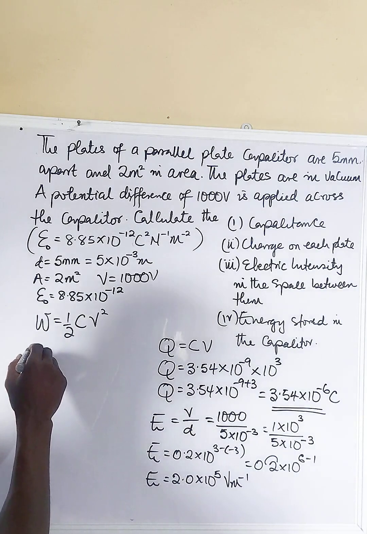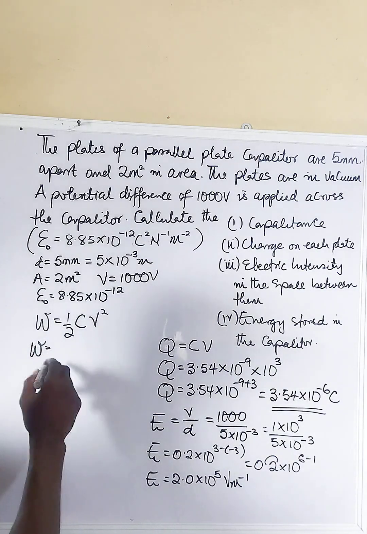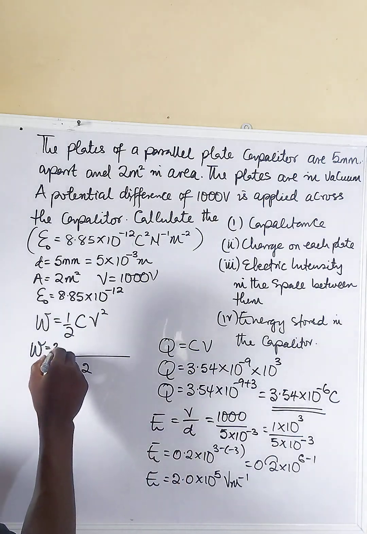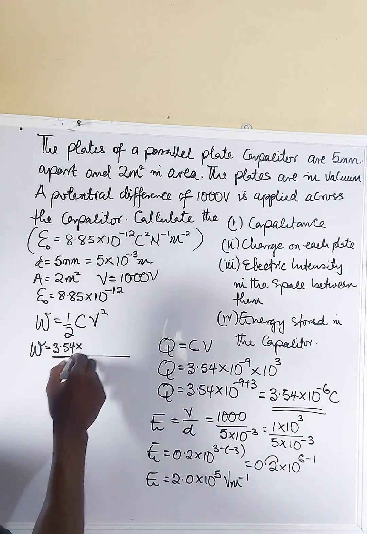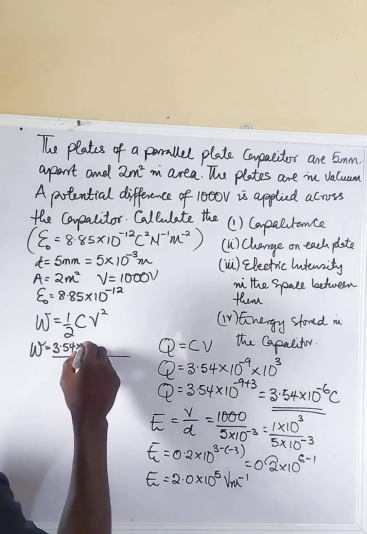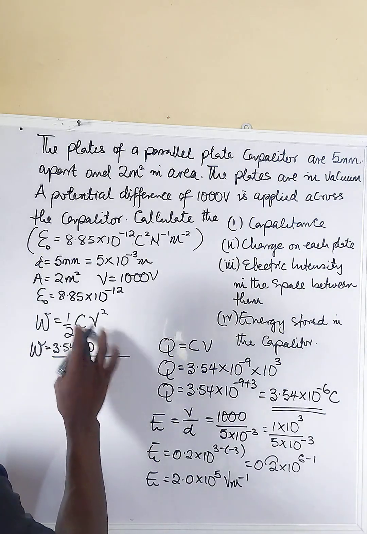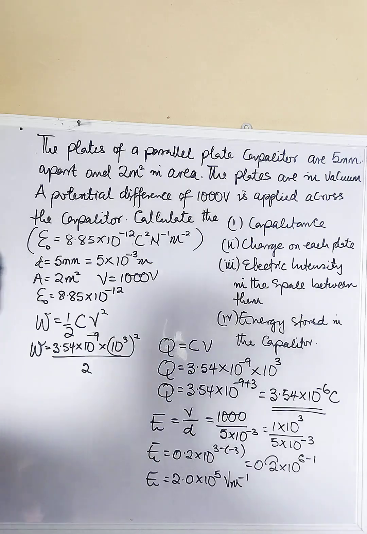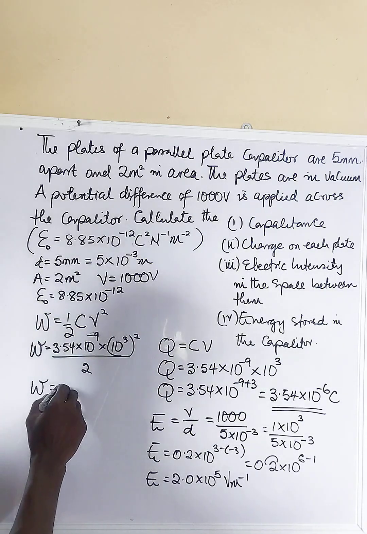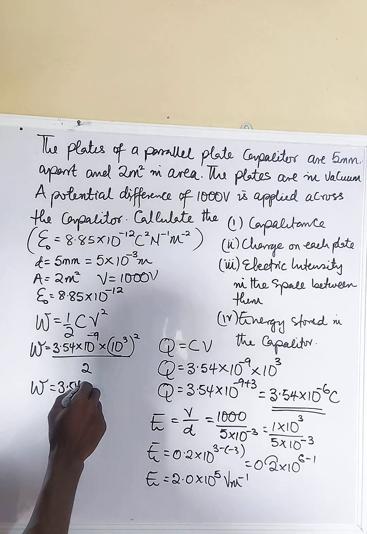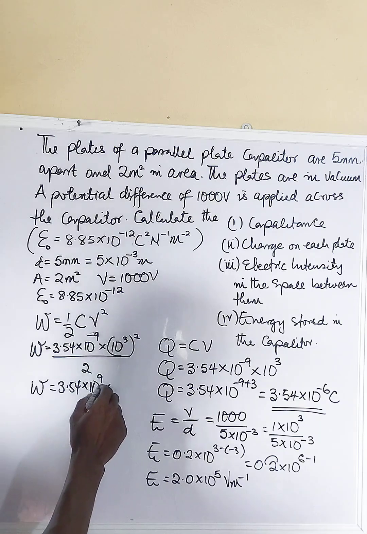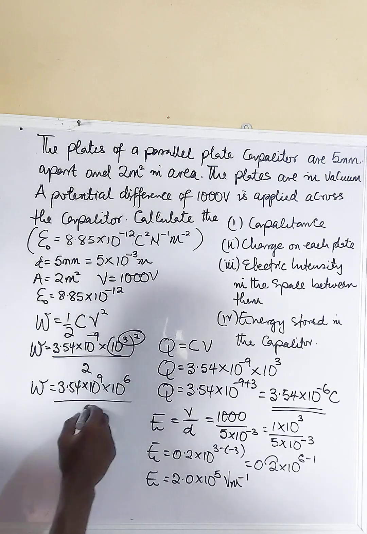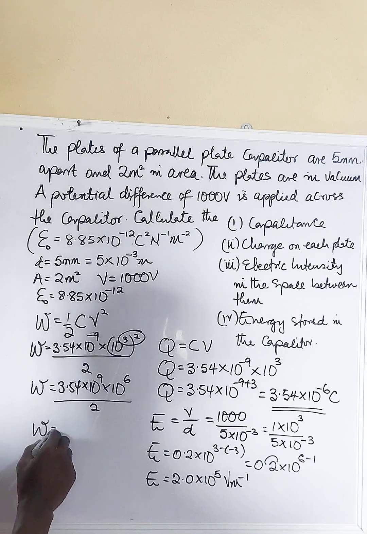So that'll be 1/2, then our C is 3.54 times 10 to the power of minus 9, times 10 to the power of 3, all raised to the power of 2. So we have 3.54 times 10 to the power of minus 9, then times 10 to the power of 6, all over 2.